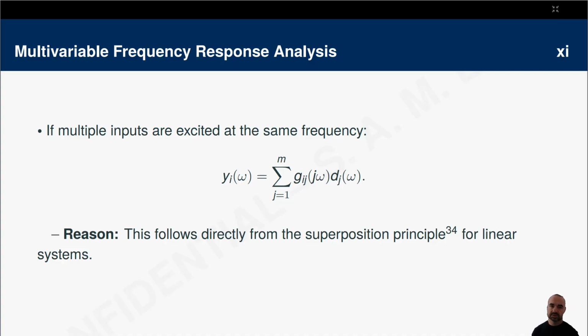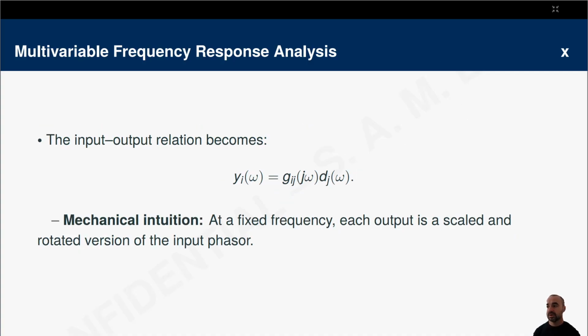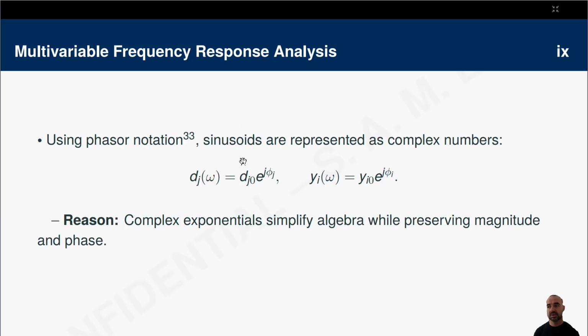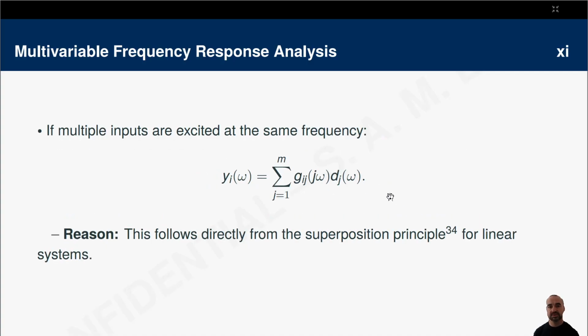So contributions from different actuators add vectorially, not just in magnitude, but also in phase. Remember that from the previous slide, here we had this phasor notation, and now if you substitute this phasor notation here, you have both magnitude and phase.